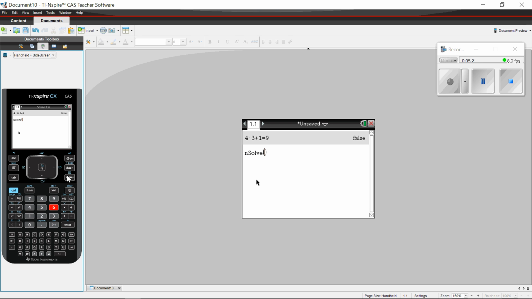So I'm going to do one with a fraction here: 1/2 parenthesis x plus 8 equals 30. Remember, you do have to do comma x because it tells your calculator what you're solving for. Okay? Hit enter, and x is 52.